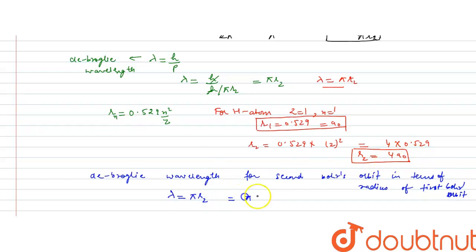So we will get pi into 4 a0, or we can write it as 4 a0 pi. So the de-Broglie wavelength we have calculated is 4 a0 pi.